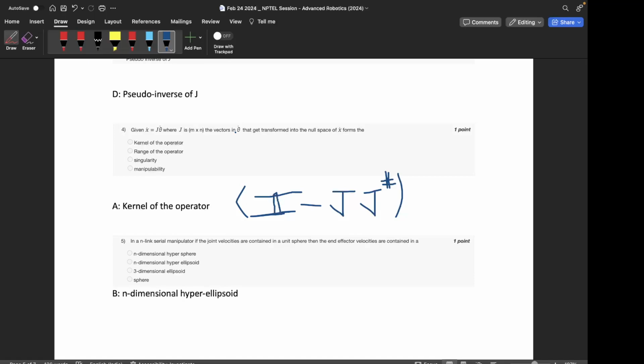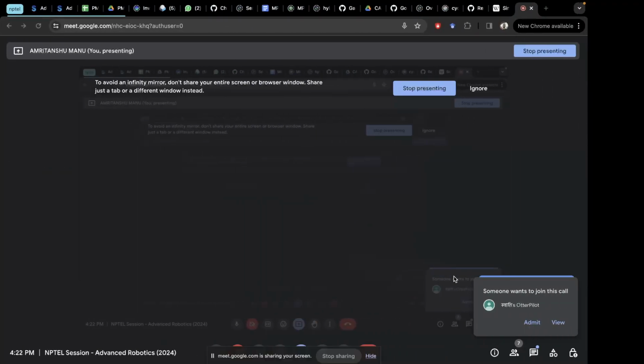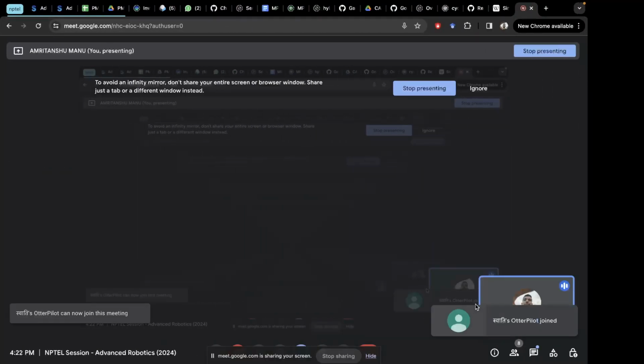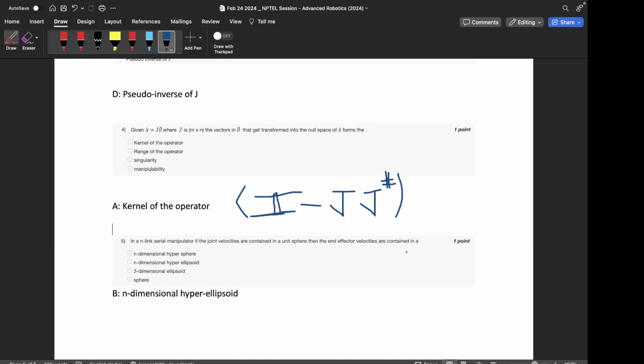If you look at the concept of right pseudo inverse and left pseudo inverse, it depends on whether J has fewer rows and more columns, or more rows and fewer columns. Depending on that, we define its right pseudo inverse or left pseudo inverse. And that only decides whether it will be J J hash or J hash J. Both can be possible, depending on the dimensions of J and its rank, basically whether it is full row rank or full column rank.